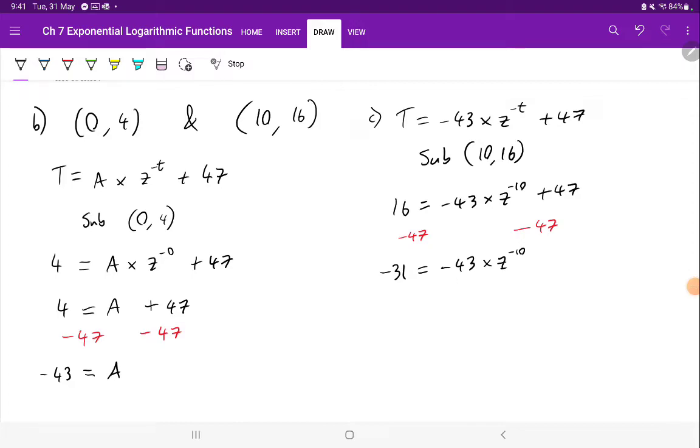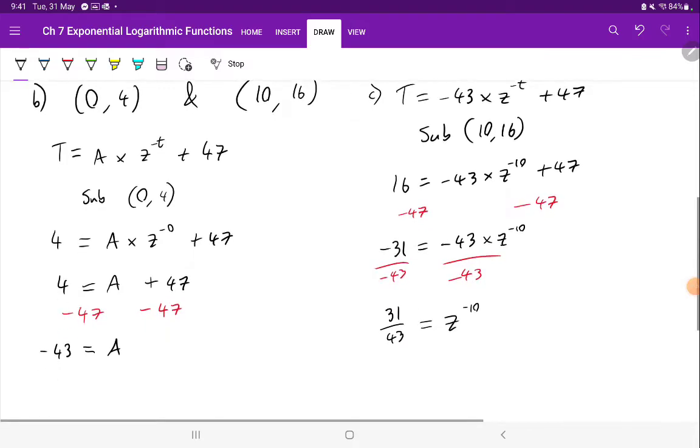We can divide both sides by negative 43. The negatives cancel, so we just get 31 over 43. 31 is a prime number, so it's not going to simplify in any way. And now we need to just take the negative 10th root of both sides.